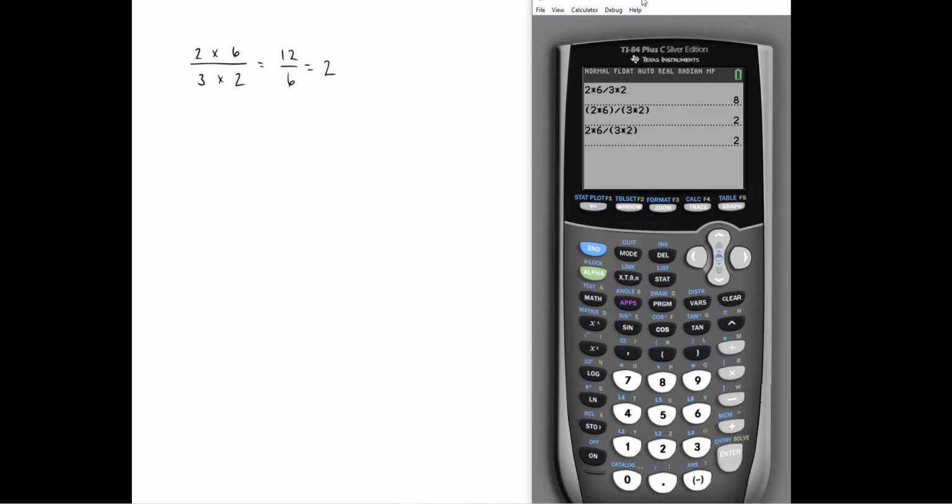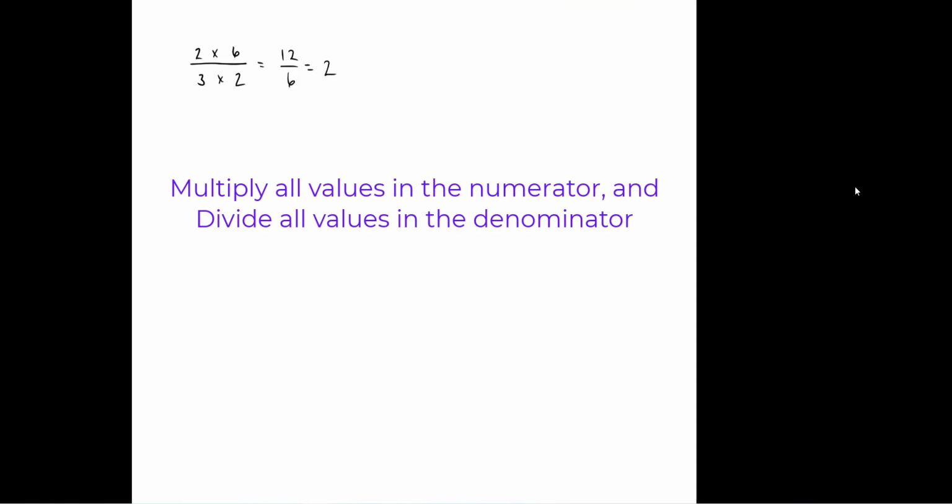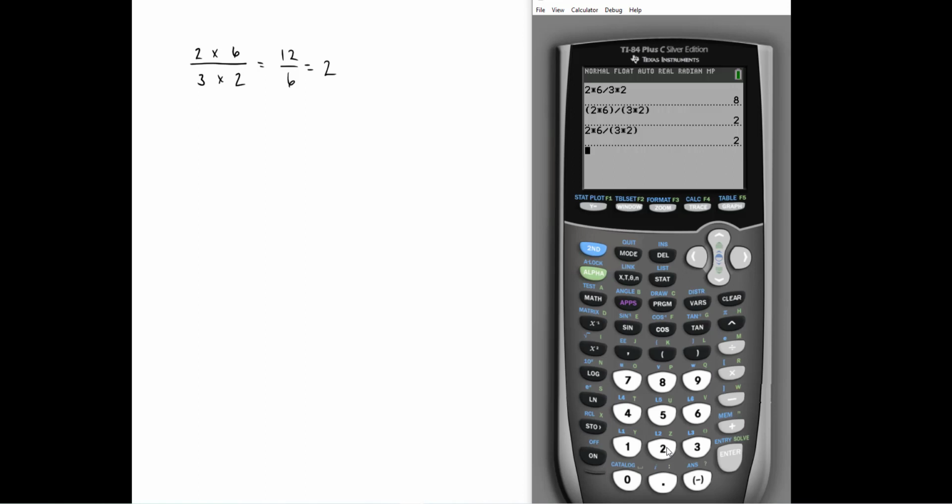However, probably the fastest way to do a calculation is just to remember that whenever you have a series of things to be multiplied in the numerator and a series of values to be multiplied in the denominator, first of all, the order that you do them doesn't really matter. So the simplest way is simply to multiply all values in the numerator and divide by all values in the denominator. You can do this in any order. For example, I could say 2 times 6 divided by 3 divided by 2, and you'll notice you get the correct answer of 2.